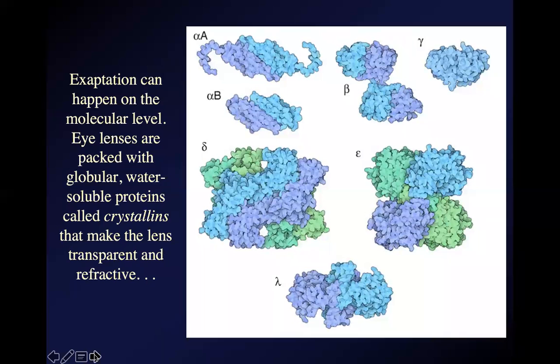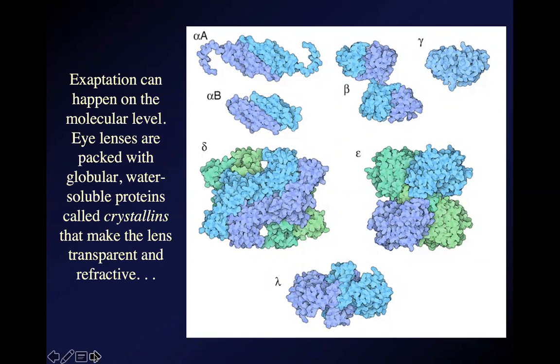Here's an example on the molecular level that ties in with our example of evolution of the eye. Eye lenses have to be transparent, right? A brilliantly colored lens would kind of defeat the purpose. And to pass light, they have to be packed with water-soluble proteins that are more or less globular in shape, called crystallins.